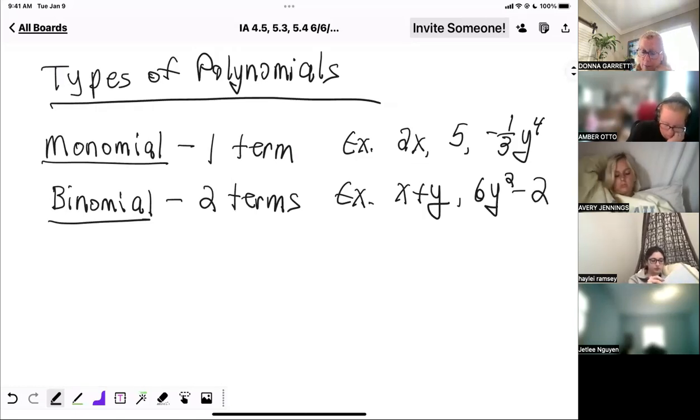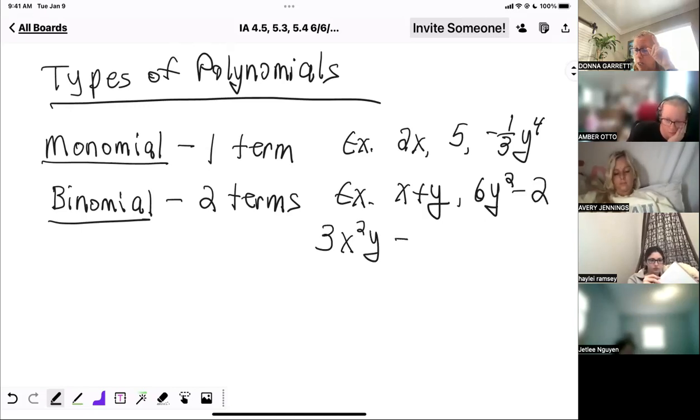Or we can actually put variables together. We can do like 3x squared y minus 4y to the fourth. That's also two terms, more complicated, but 3x squared y is our first term and 4y to the fourth is our second term. There's only one sign, a negative. We have a minus sign between the two terms.